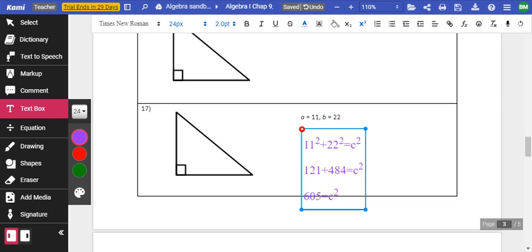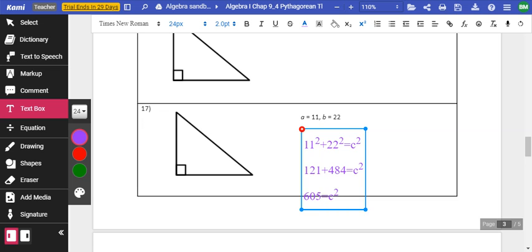100 won't go in there evenly. I don't think 81 will, but we can always try it. Nope. So we've got 605 divided by, how about 64? I don't think so because they're not both multiples of 5. So we've got 605 divided by 25. Nope. Divided by 16. Nope. 605 divided by 9.